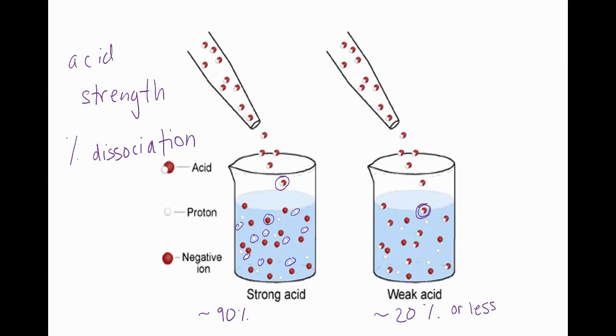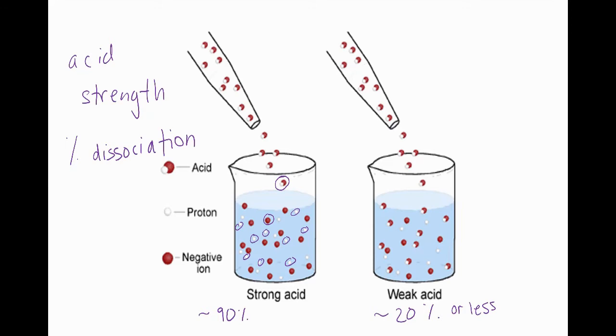And so what's interesting is take something like vinegar, for example. It's considered a much weaker acid because it tends to dissociate at a much lower percentage. And the same analogy works for the strength of bases as well. Just instead of breaking apart to produce hydrogen ions, you're breaking apart to produce OH hydroxide ions.